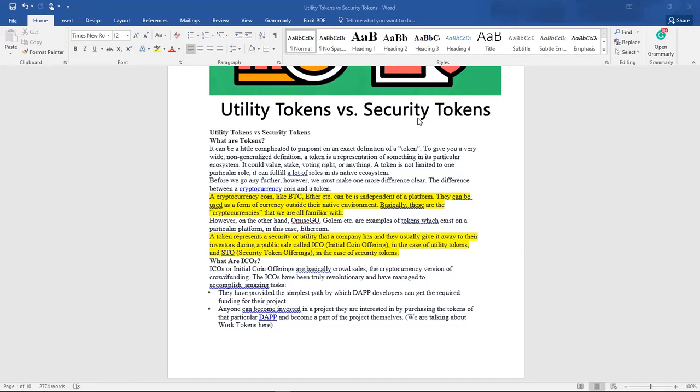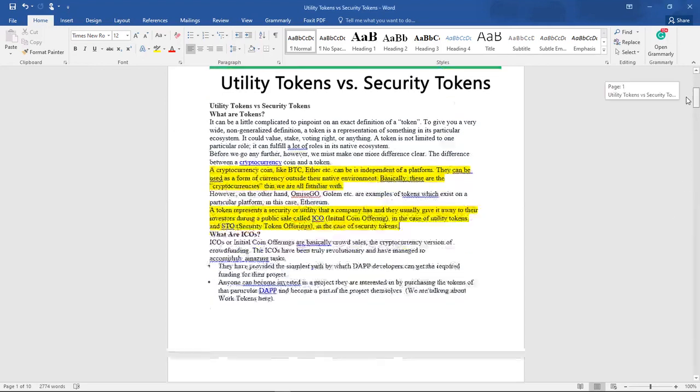Then anyone can become invested in a project they are interested in by purchasing the tokens of that particular DApp and become a part of the project themselves. So we are talking about work tokens. Those are work tokens, and it's another type of coin.